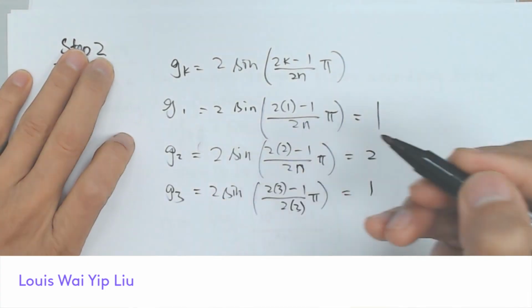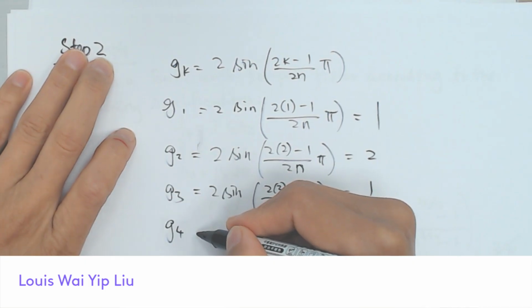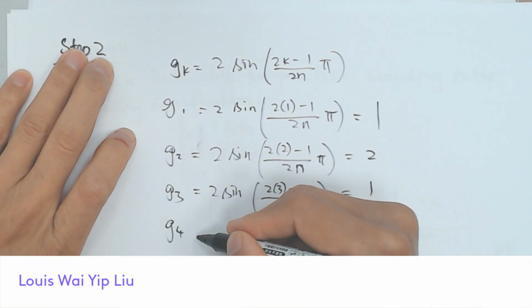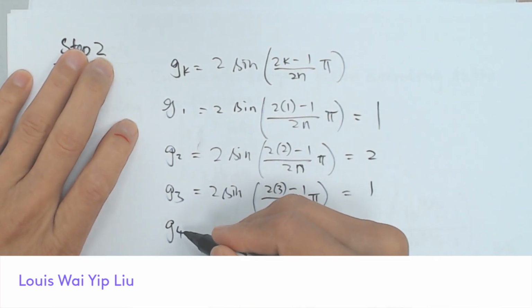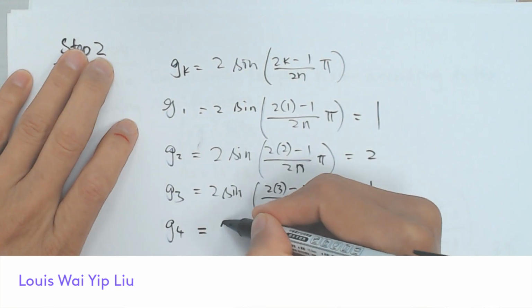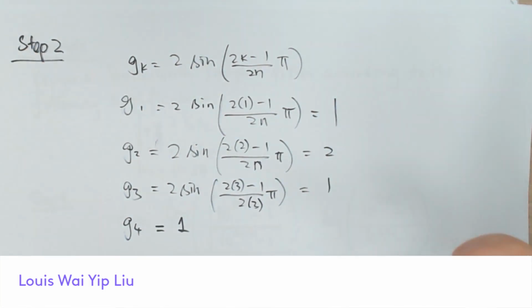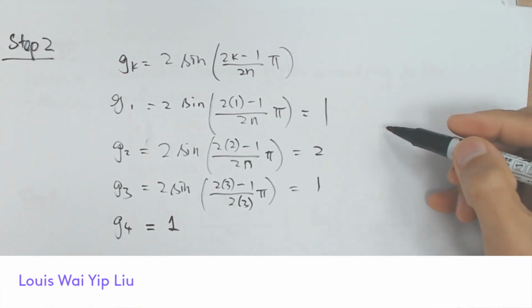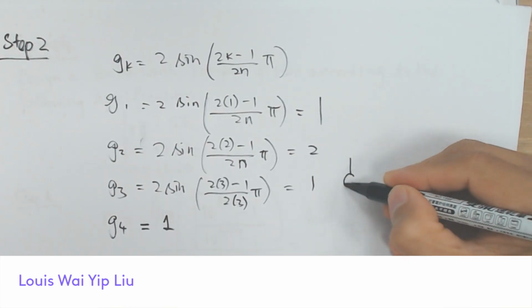And g4, you need to add one more stage, which is g4. This is also the final stage. The coefficient for this stage is always equal to 1. With this in mind, you can immediately come up with a schematic circuit for the filter. The schematic circuit will be like this.